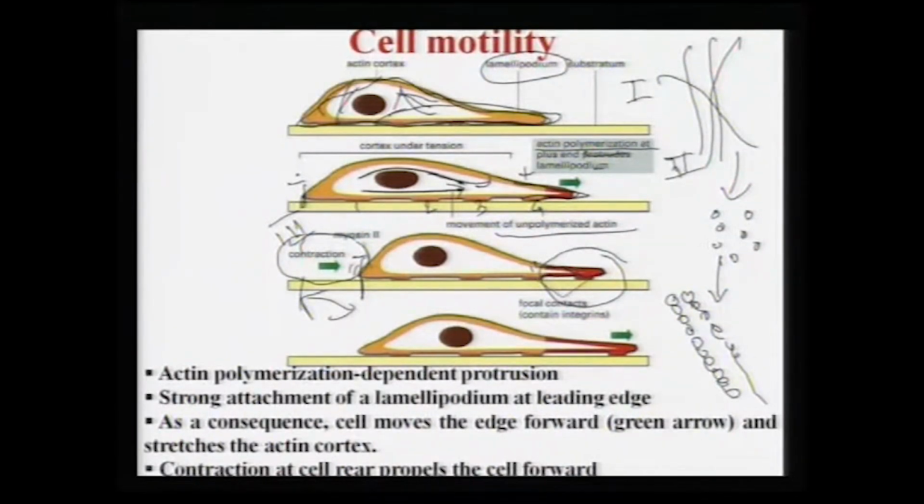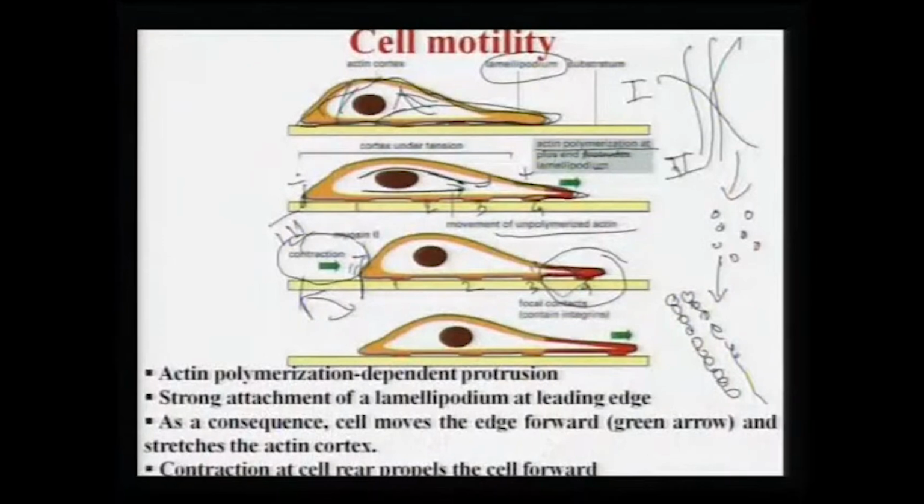Here again you have focal contacts 1, 2, 3, and focal contact number 4 has been established. If you remember, these focal contacts are the contact points through which cells interact with the extracellular matrix, or receive signals from the extracellular matrix for migration, proliferation, replication, all these cellular activities.